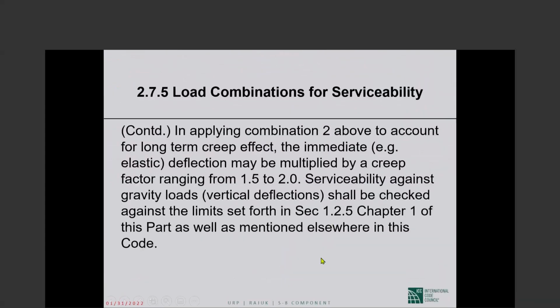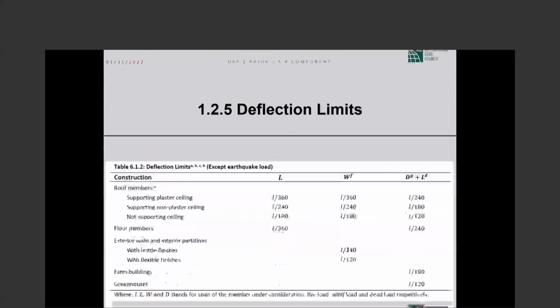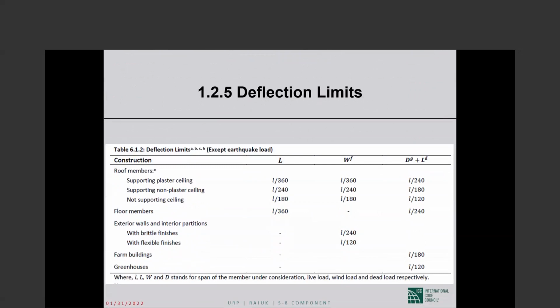Okay, so short-term load combination, dead plus live. Long-term would be dead plus half of live, and serviceability against gravity load shall be checked against the limits set forth in this table. Now this table has, in addition to limits on gravity deflection, deflection due to wind as well. So that is lateral, that is coming up.